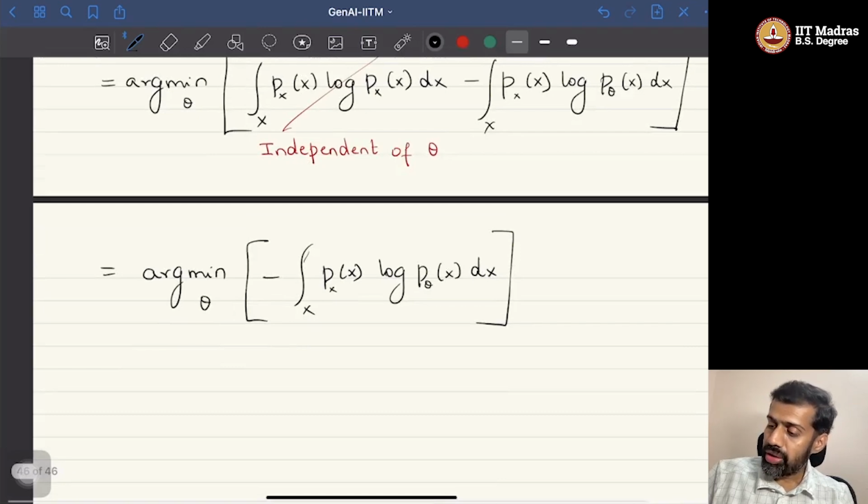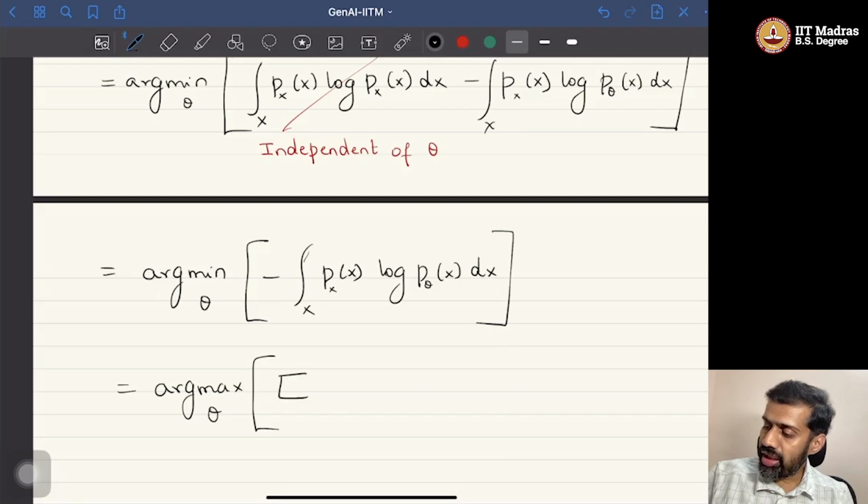Now if I take the negative sign outside, then the minimization turns into a maximization problem. The integral that we have is an expectation of log of p theta of x, with respect to px.